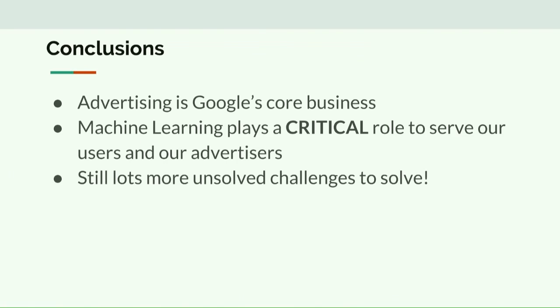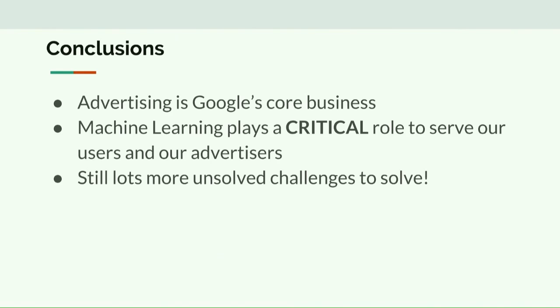So basically, in conclusion, advertising is at the core of Google's business, right? We all know that. But what is very, very important is that machine learning, natural language processing, and all of these technologies are increasingly playing a very critical role. We are getting more and more data, and as Peter Norvig, a veteran at Google, likes to say, we always solve big problems.